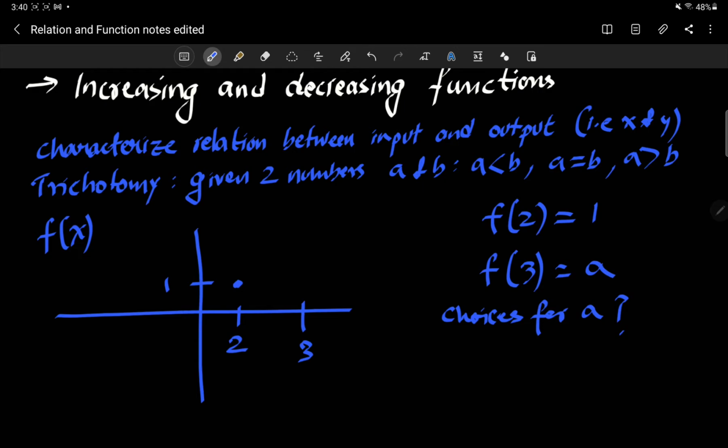Now, of course, there are infinitely many choices for a. But can I characterize these choices in a way that reflects this trichotomy? And I can. So the choices for a: either a is less than 1, or a is equal to 1, or a is greater than 1.